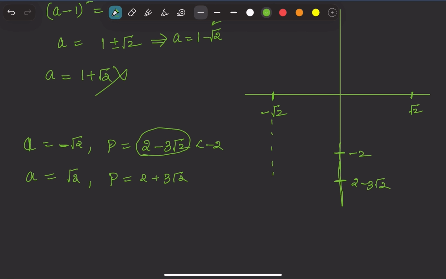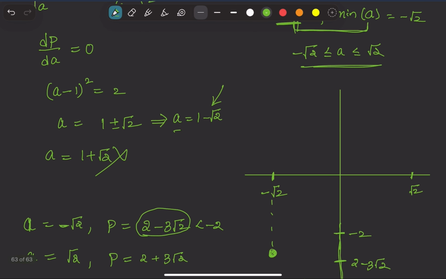At A is equal to minus root 2, your graph is here. When you put A is equal to 0, okay, and your turning point will be at A is equal to 1 minus root 2. So 1 minus root 2 will lie, let's say somewhere here, and let us say this is 1.